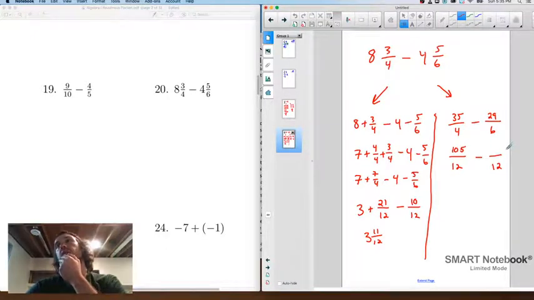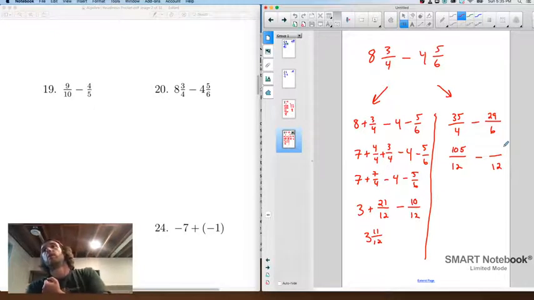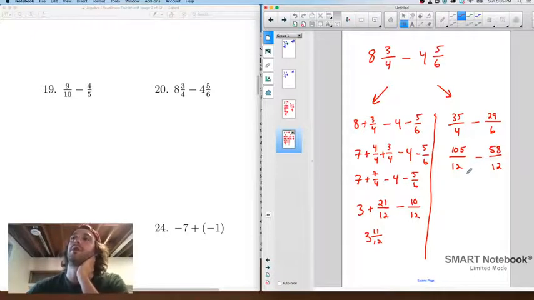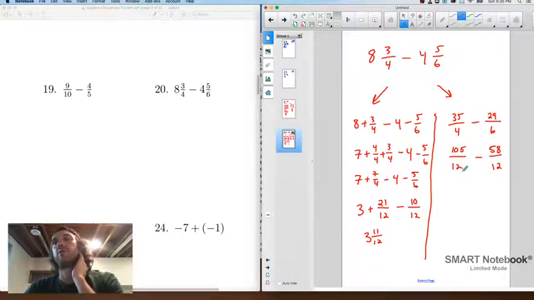I think I did that right. Yeah, I got it. Okay, and then the next one is times 2. 29 times 2 is going to be, let's think about that, 58. So that'll be 58/12. Okay, and now we can subtract and do 105 minus 58. Oh boy, I really bit off more than I could chew here. So let's do minus 60.